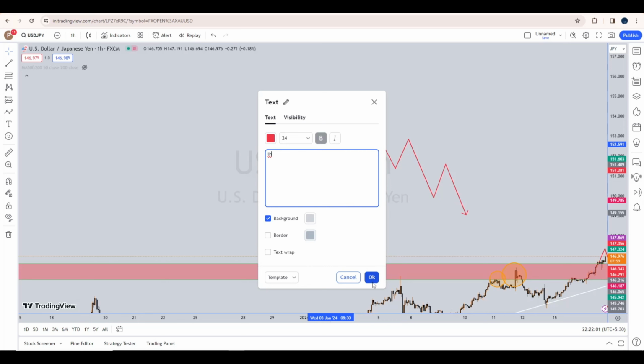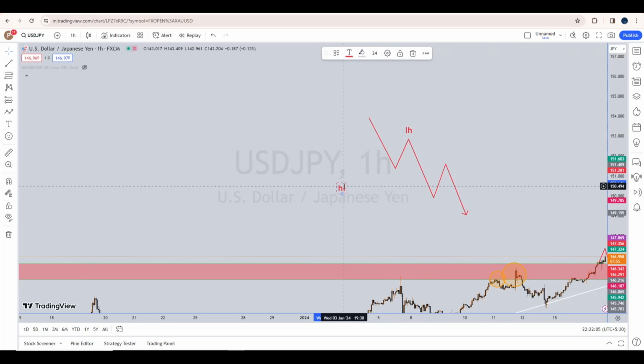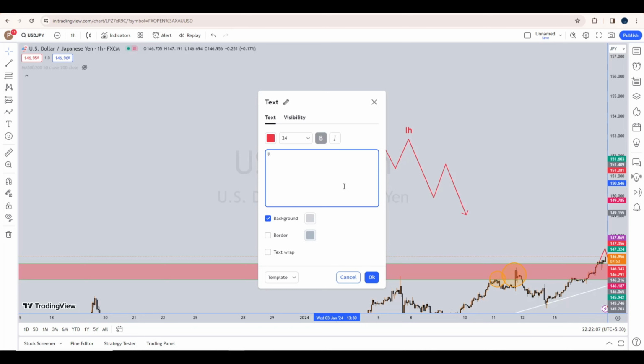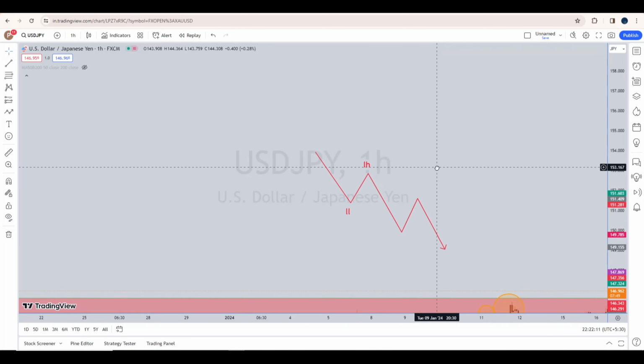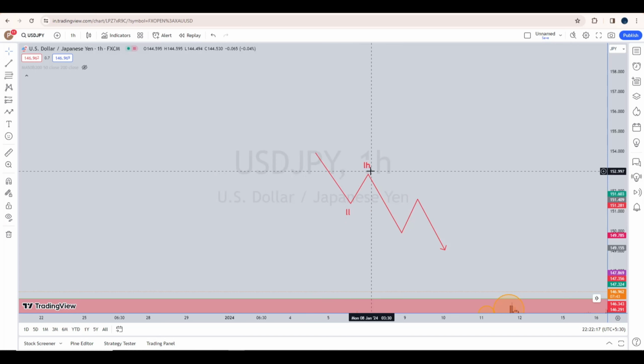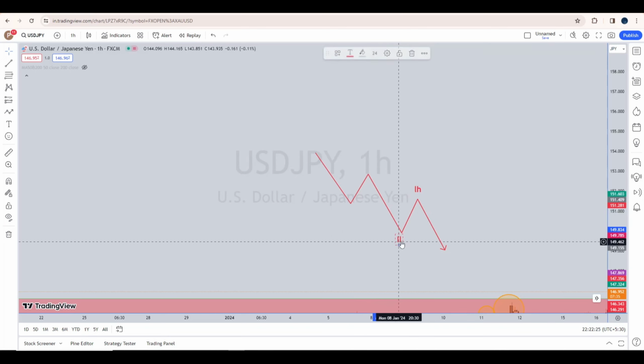This is called the lower high and this is called a lower low, LL. So in a downtrend price moves like this, with a lower high and a lower low. Again this is a lower high and this is a lower low.